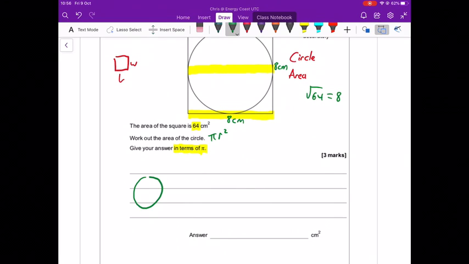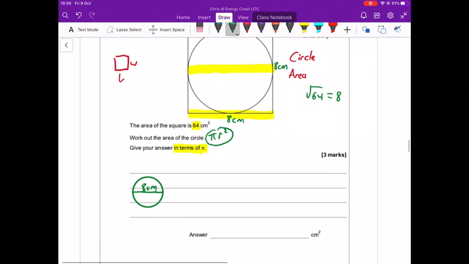So I've got this circle there, and I know that its diameter is equal to 8 centimeters. My formula, pi r squared, doesn't have diameter in it, it has radius. Remember, radius is just halfway across, so the radius would be 4 centimeters.